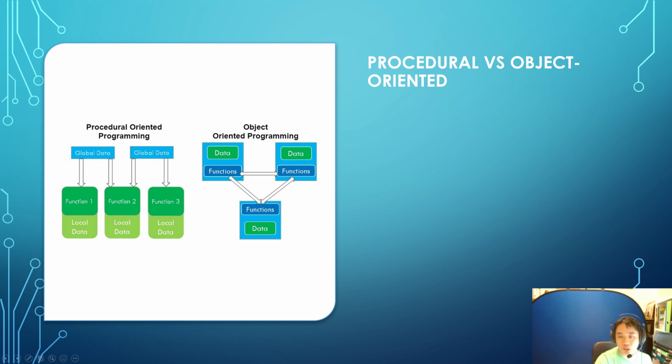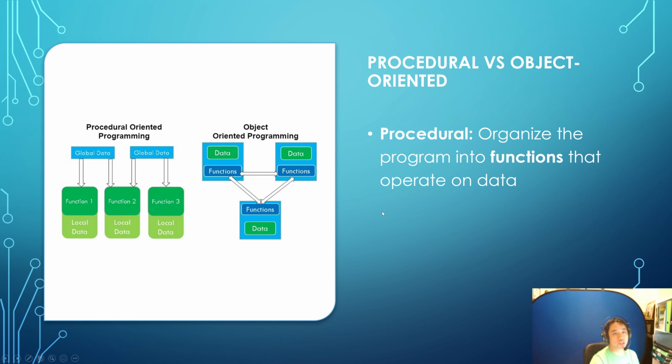We can also call other functions as well, like from function 1 calling function 2 to function 3 calling function 1. So that is procedural programming, which is organizing a program into functions that operate on the data we pass.